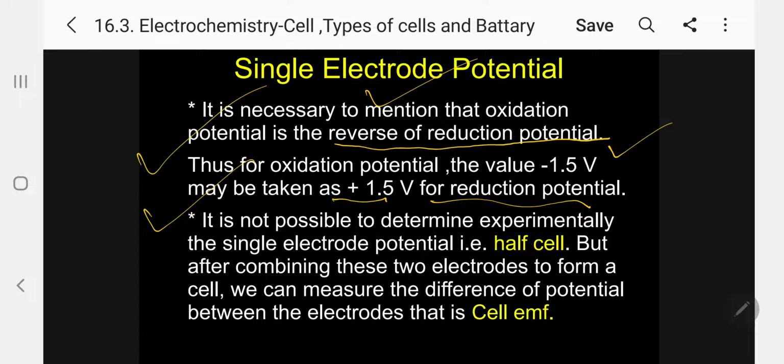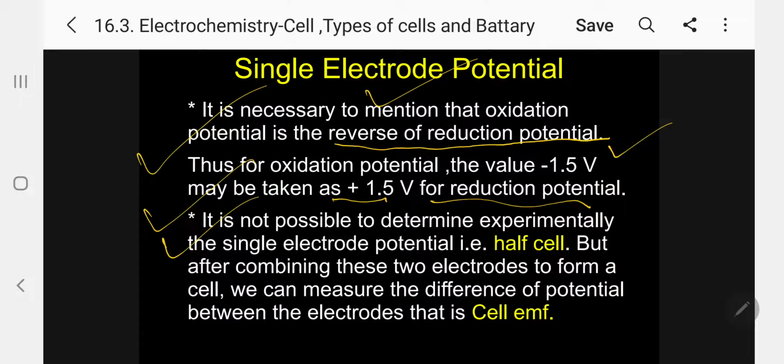Now it is an important point. It is not possible to determine experimentally a single electrode potential. I told you already, with a single electrode alone we cannot determine the electrode potential. We will call it single electrode potential, also known as half cell, because two electrodes combine to form a cell, so a single electrode is called a half cell.